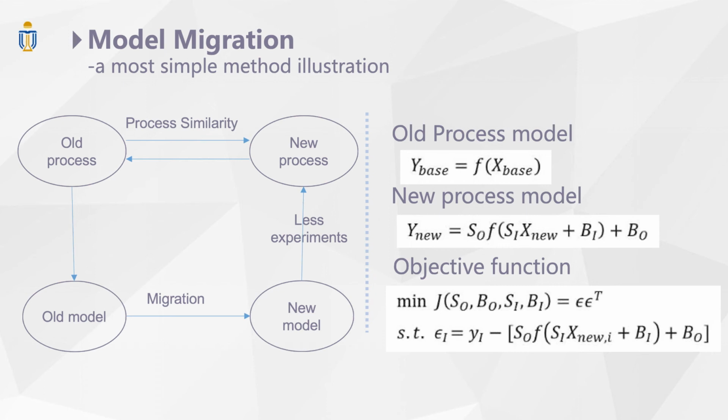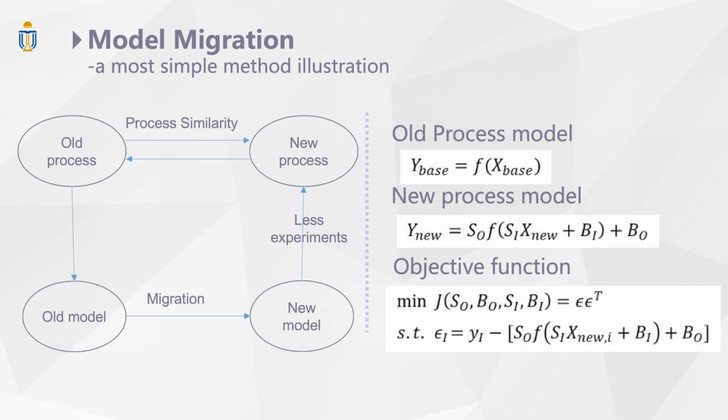Here I illustrate one of the simplest, possibly most efficient ones to migrate an old model to a new model. For the old process, we have an old model. We make use of process similarity and use a little data to migrate to a new model. For example, with the old process we have lots of data, so we can always build a relationship by any data-driven method.